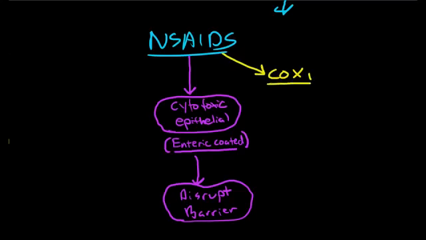Now if you remember from pharmacology class, we have prostaglandins in our body, and prostaglandins are chemical signals that have receptors for COX-1, COX-2, and COX-3.